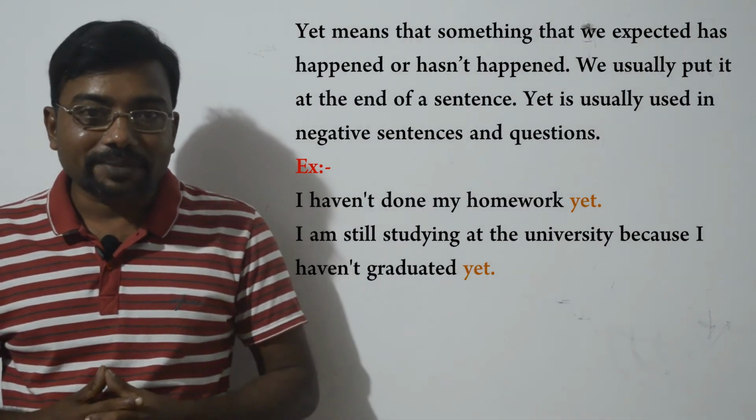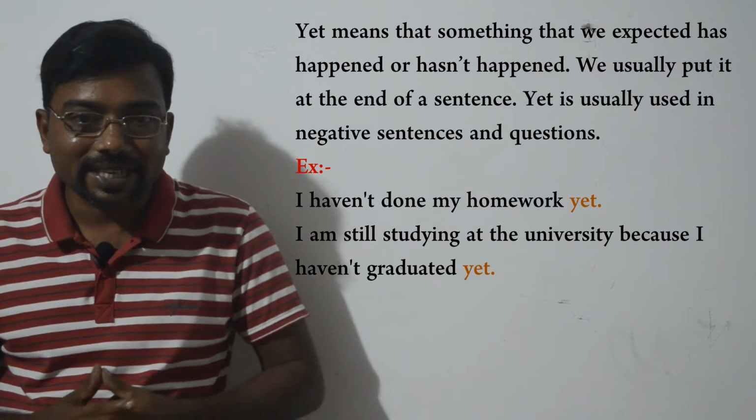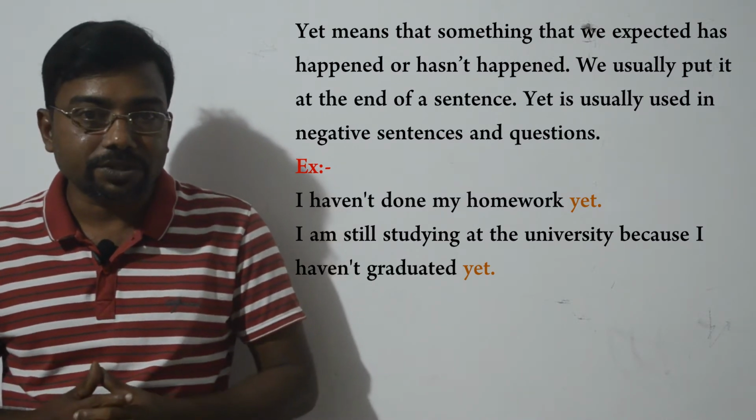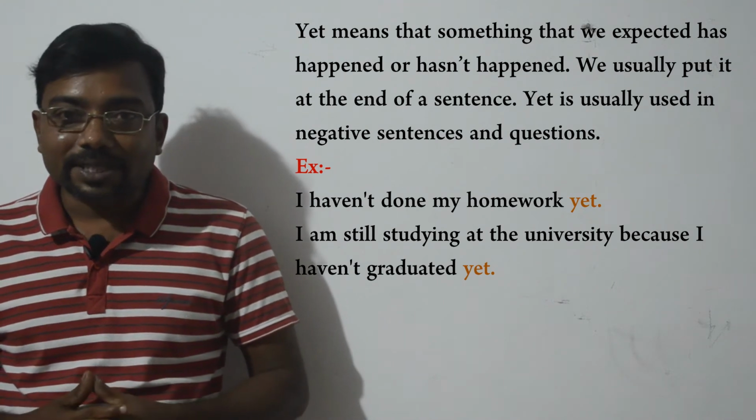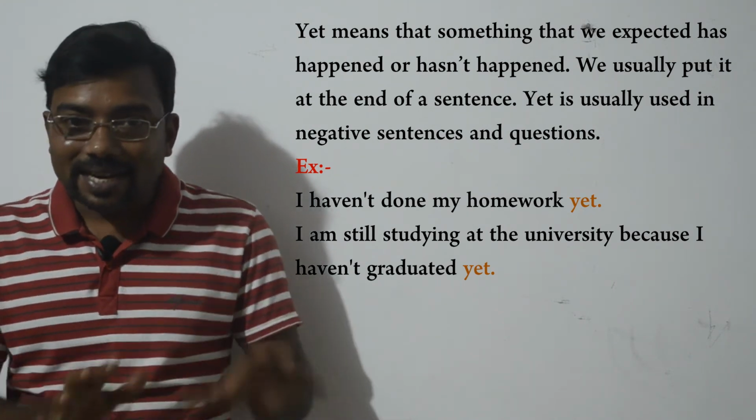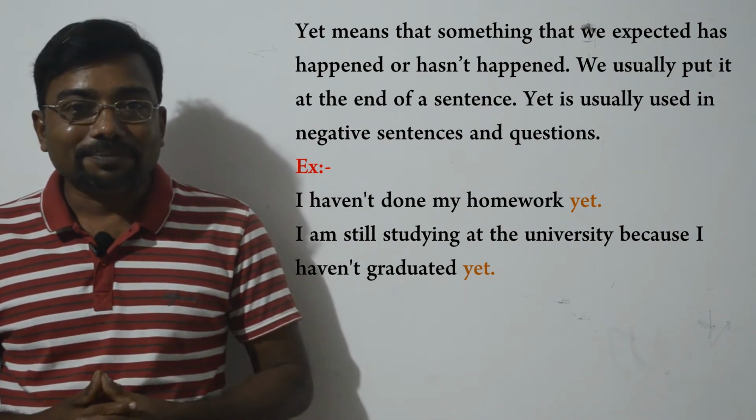It comes with the present perfect tense in negative form, and we use yet at the end of the sentence to indicate that something hasn't completed now. Okay everyone, remember, when we consider these examples, it's clear we can use yet to indicate that something hasn't happened up to the present moment.